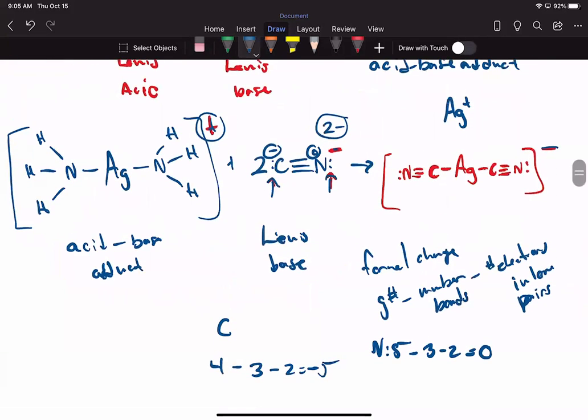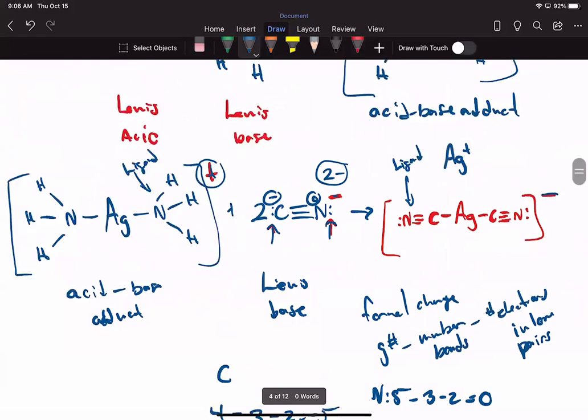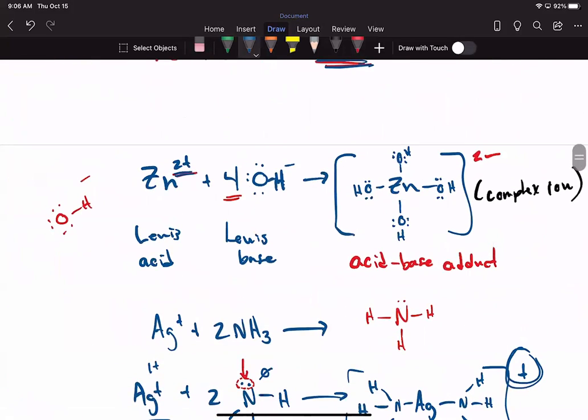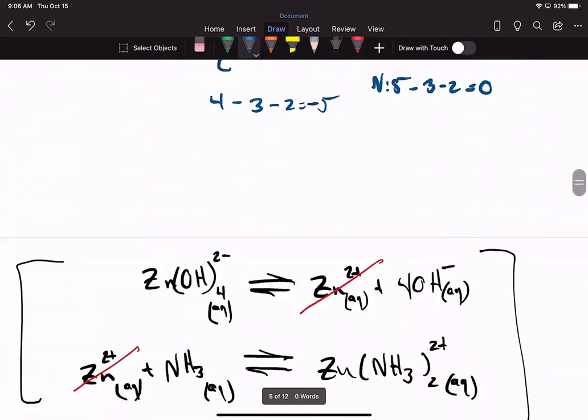So we can go back up here. This is a ligand. This is a ligand. All of these polyatomics, all of these bases that we attach to these complex ions are what we consider ligands.